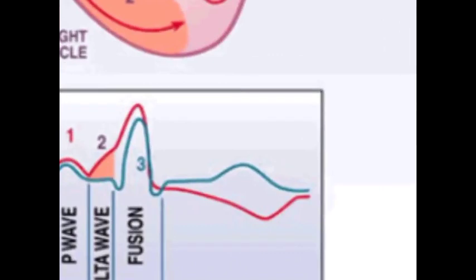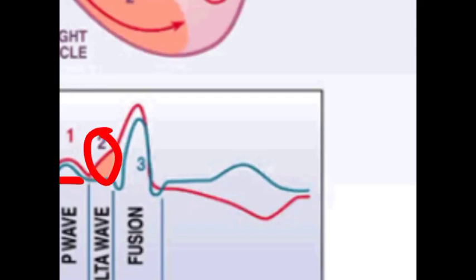If you see the red line here, it represents this delta wave, like a delta. Here this is the delta wave in red, and this is the P wave.